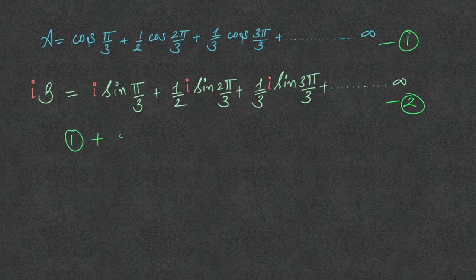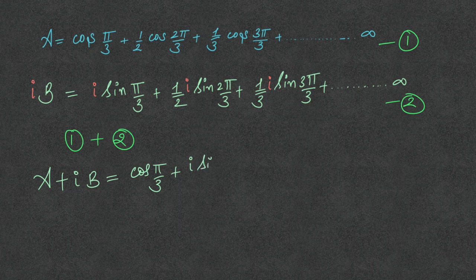Next step is to add both the equations. Cos pi by 3 plus iota sine pi by 3, combining this cos pi by 3 and this. Similarly, this cos 2 pi by 3 with this sine 2 pi by 3 in the next term.